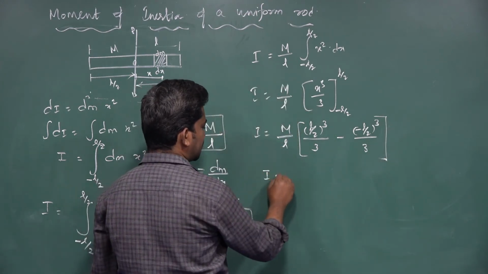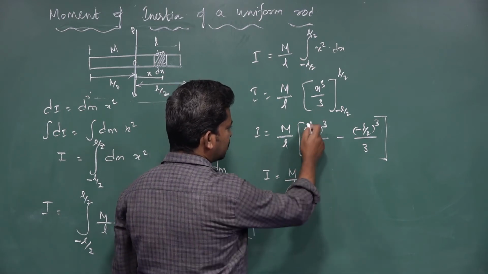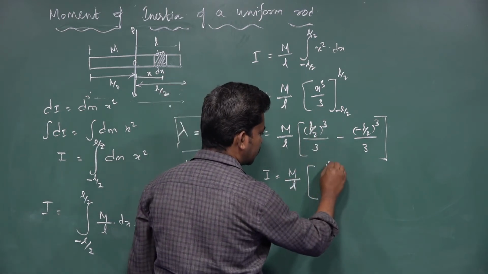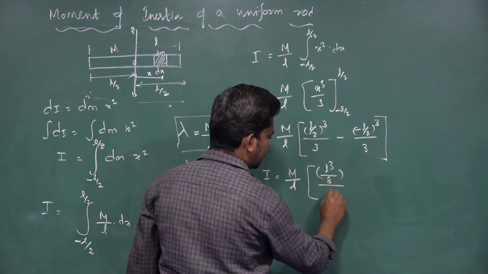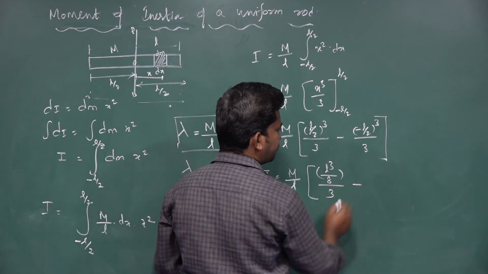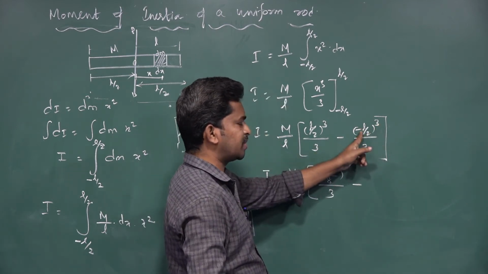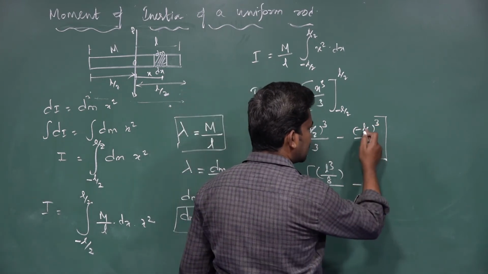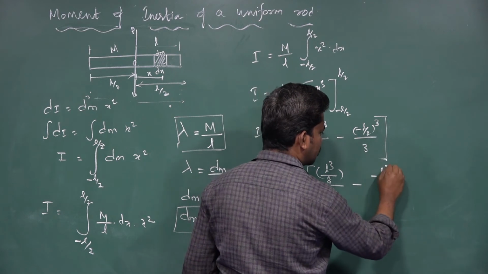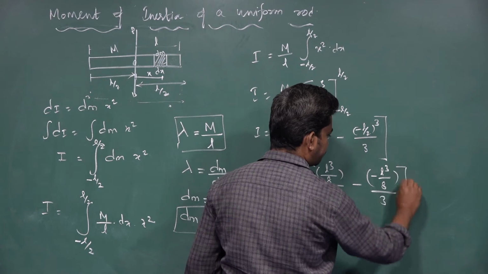So moment of inertia I is equal to M divided by L into L by 2 whole cube, so L cube divided by 2 cube, which is 8, whole divided by 3, minus of minus L by 2 whole cube. Since the square is positive, the cube gives a negative, so L cube divided by 8 whole divided by 3.